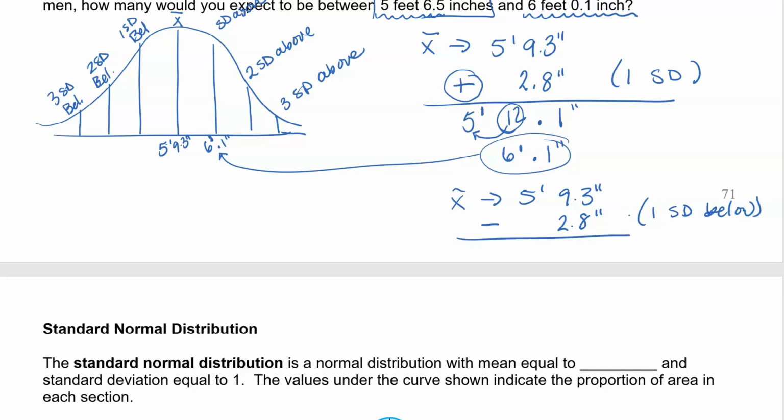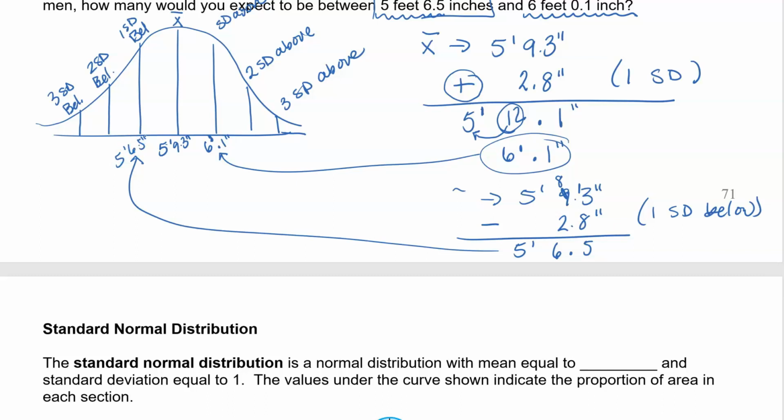Okay, and then when I subtract those, I can't do 3 minus 8, so I'm going to borrow here, and then I get 5 point, and then there's a 6, and then I bring down the 5 feet. So 5 feet 6.5 inches, and that's 1 standard deviation below. That's going to go right here. So 5 feet 6.5 inches, okay? And that's what I was being asked about.